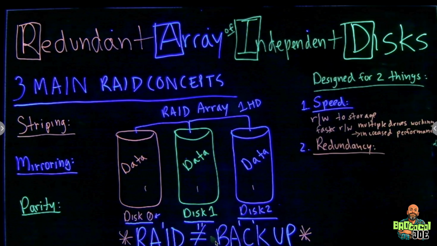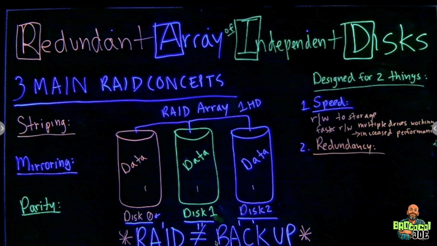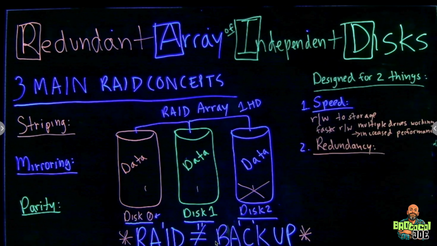Now, let's move on to redundancy. Redundancy means having extra data protection. Why is that important? Because if a drive fails, let's say this drive fails, the system may still be able to access or rebuild the data using copies or recovery information stored across the drives we have here in our RAID array.